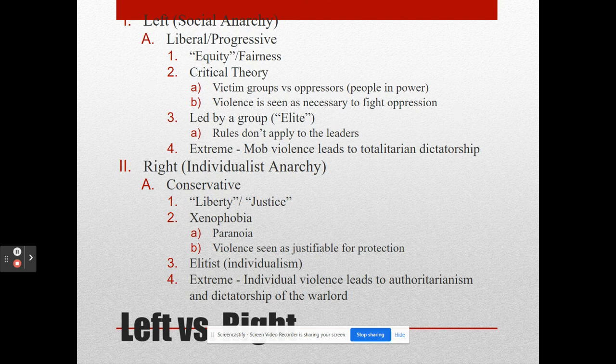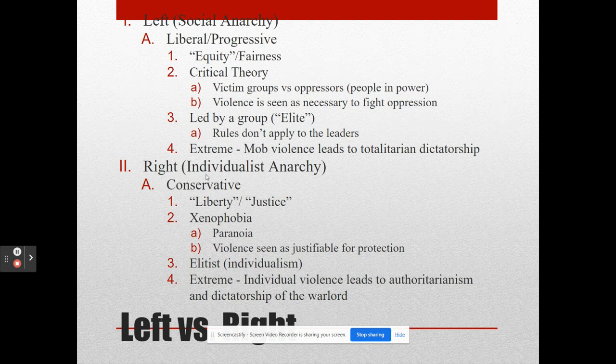These groups cause chaos, whether that group is an economic group, like workers, or an ethnic group, like a particular demographic of an ethnicity or a race. They cause chaos because it's always groups against oppressors. These groups are the victims, the oppressors are the people in power. Eventually, the victims become the people in power.